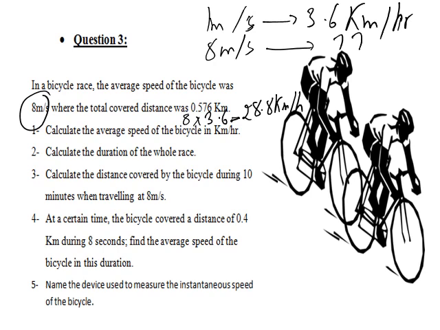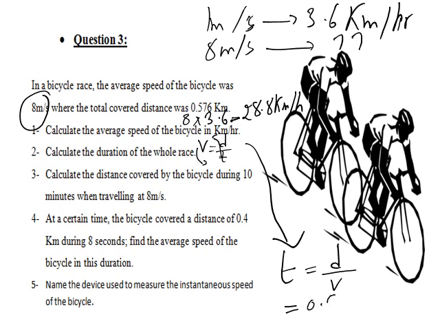All of you know that V is equal to D over T. I want to calculate the duration. This goes up and this goes down. So T is equal to D over V. I have the distance here: 0.576 kilometer over velocity, which is 28.8 kilometer per hour.